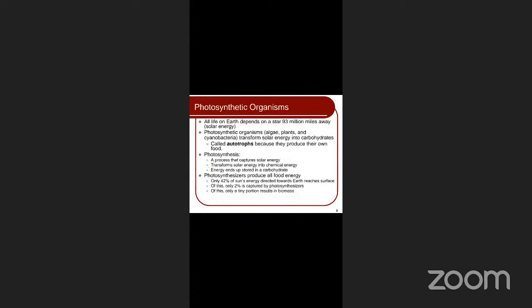Next is the structure of the chloroplast. Photosynthesis takes place in discrete, highly organized subcellular organelles known as chloroplasts.